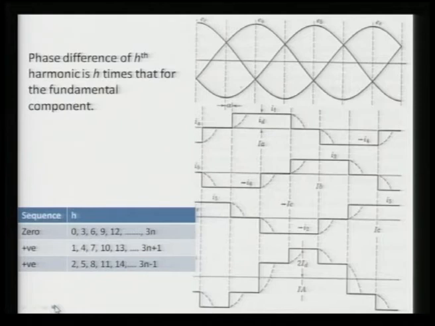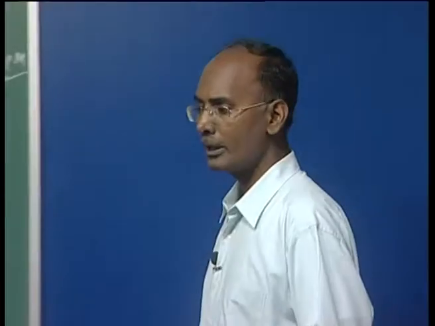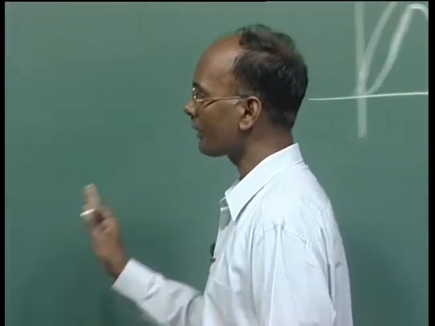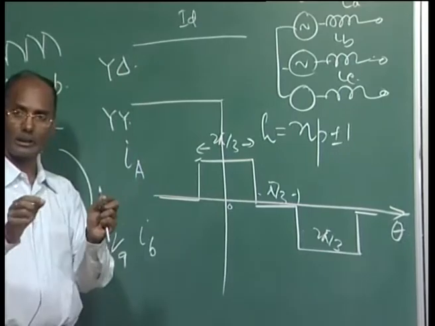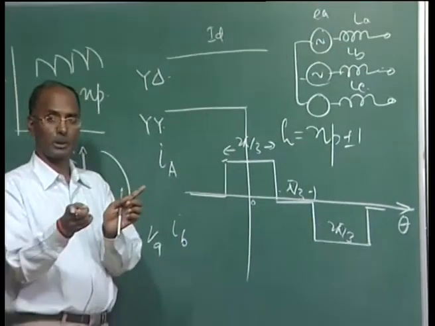Here it is written that the phase difference of any hth harmonic is h times that of the fundamental component. What does it mean? If a phase is shifting by 120 degrees, then it is multiplied by that component.